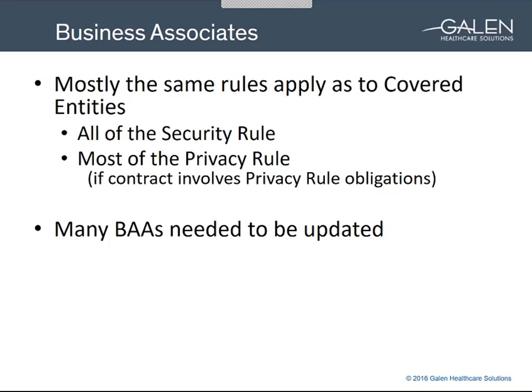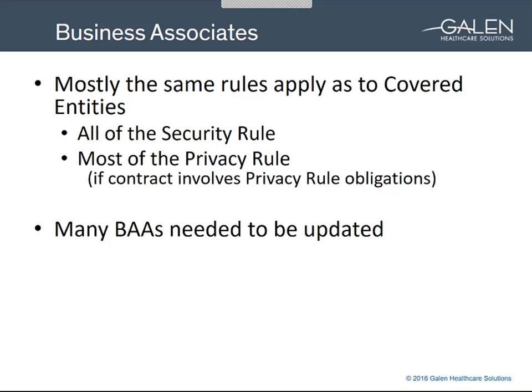And there used to be some ambiguity in terms of what rules applied to business associates and how they applied differently than what applied to covered entities. For the most part, there's no ambiguity anymore. All of the security rules that apply to a covered entity now apply to business associates.